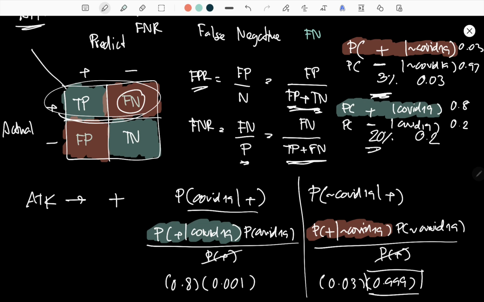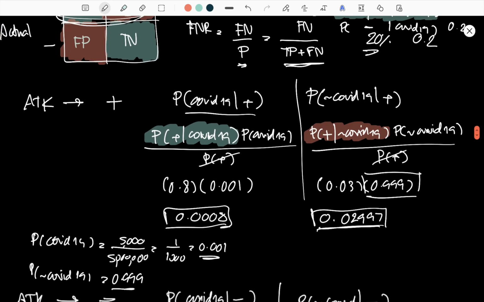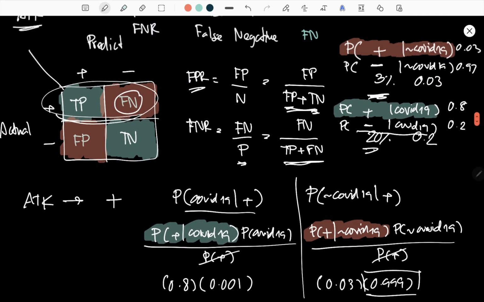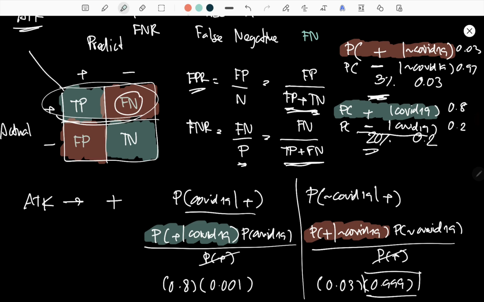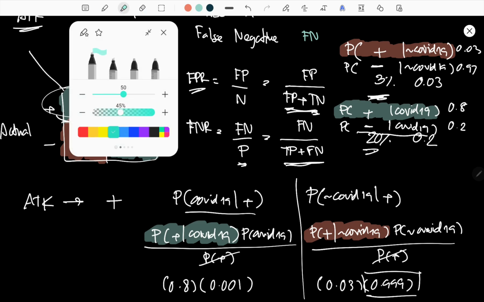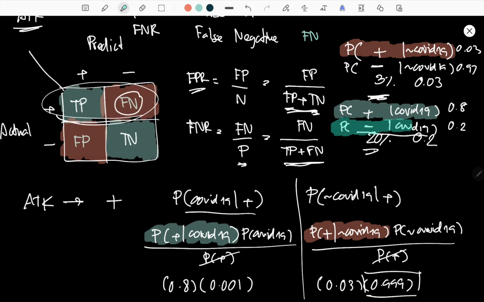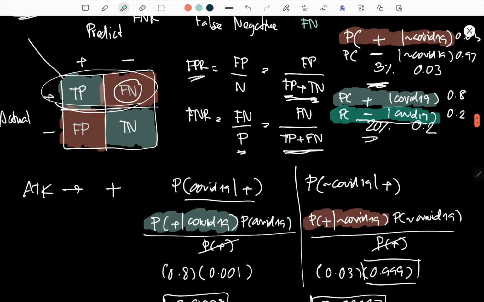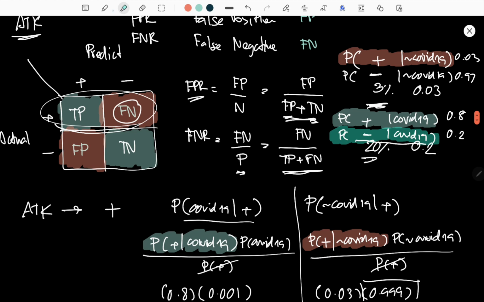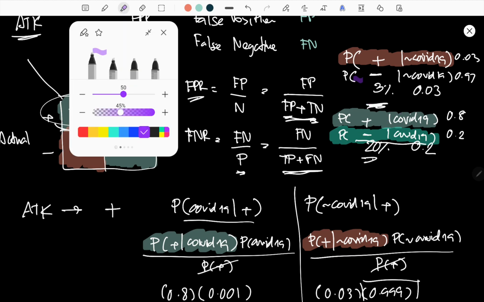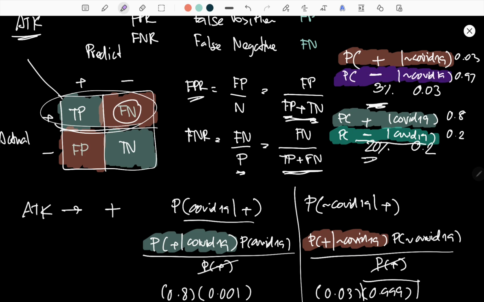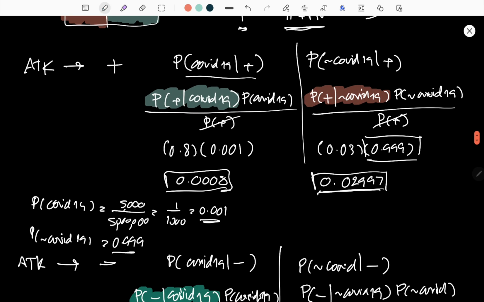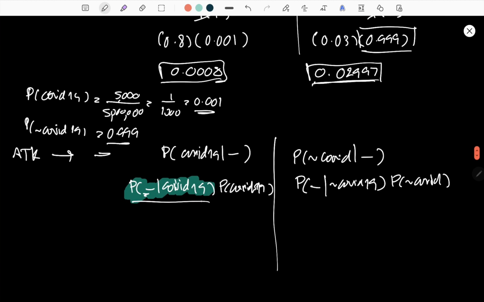This is the false negative divided by true positive and false negative, right? So this one, negative, this part I've used a different color. So we have this color, negative given COVID-19 and negative given not COVID-19. So the values will be here, divided by the probability of positive and the probability of negative.